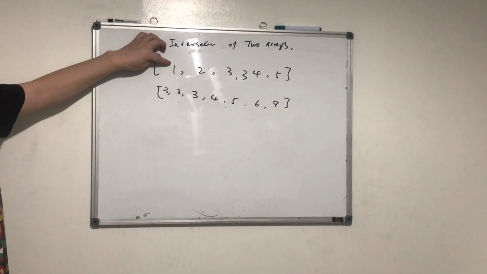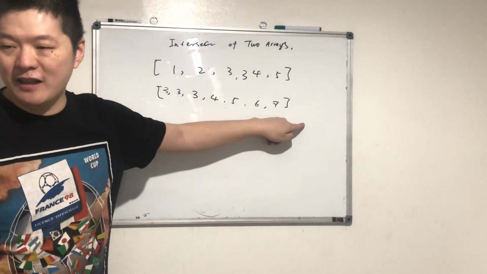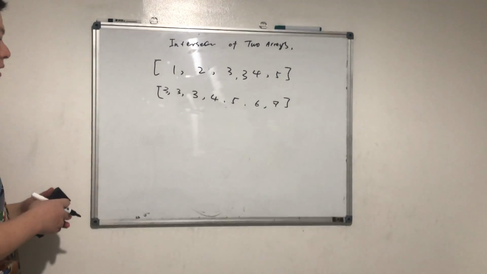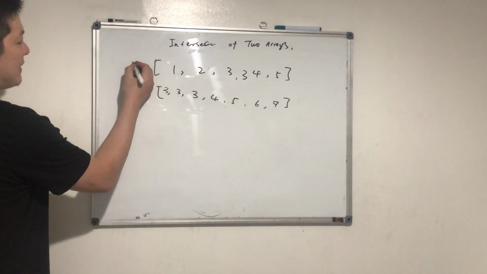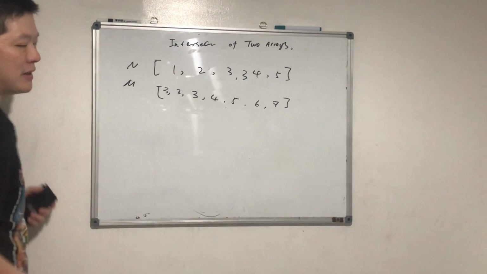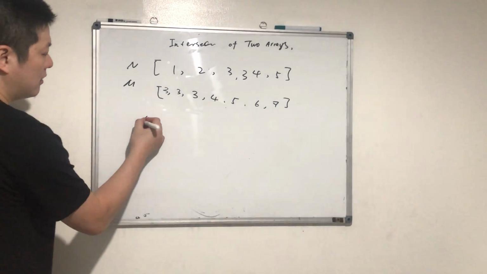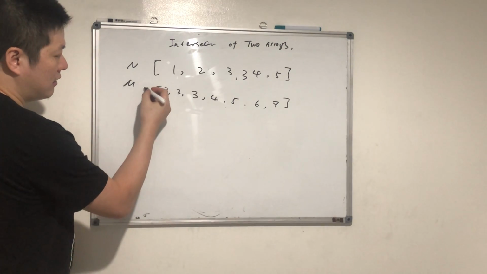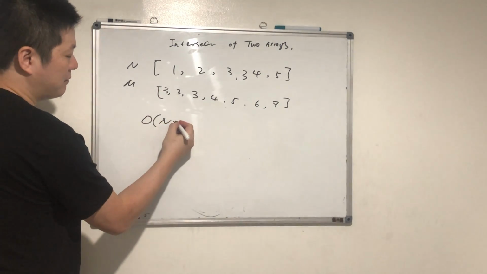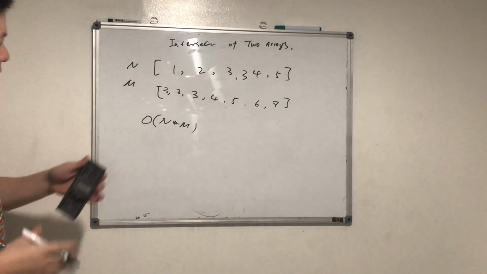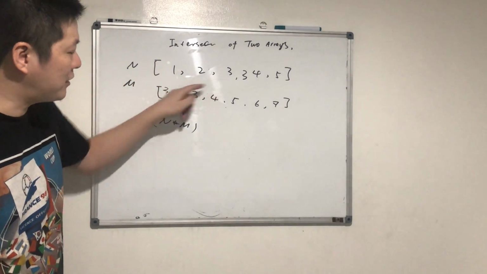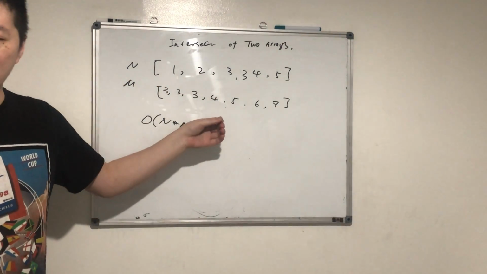So for example, like 1, I go through the second array to see if it has a 1. So if this is n, this is m elements. What's the time complexity? N times m. Yeah, because for each of n numbers, I need to go through the second m elements to check if it appears here.